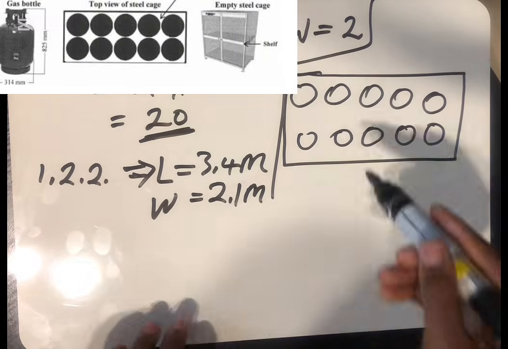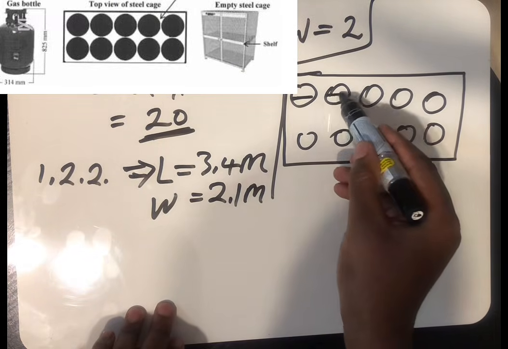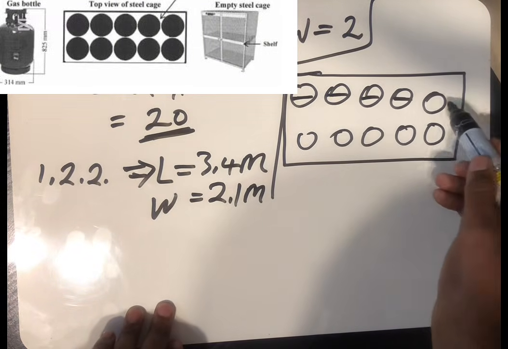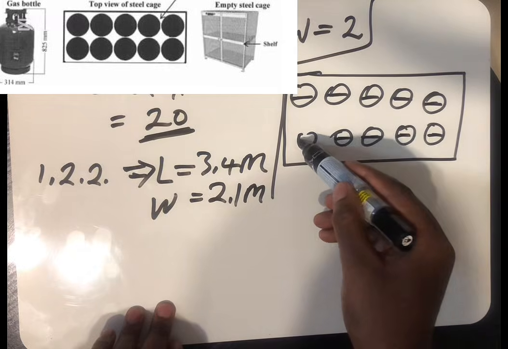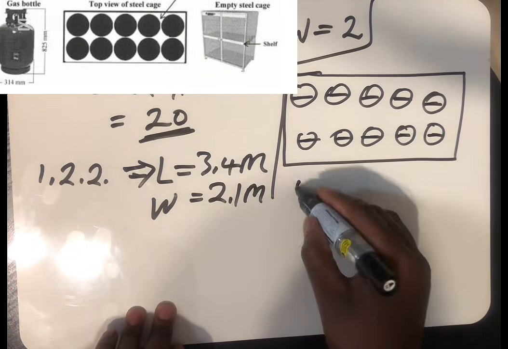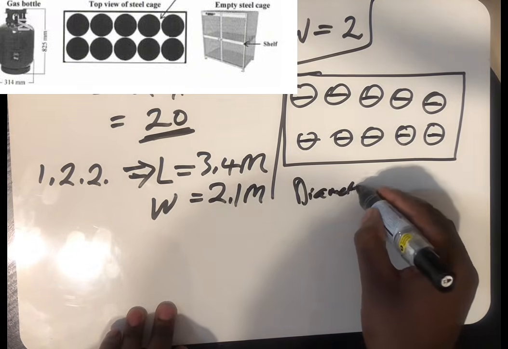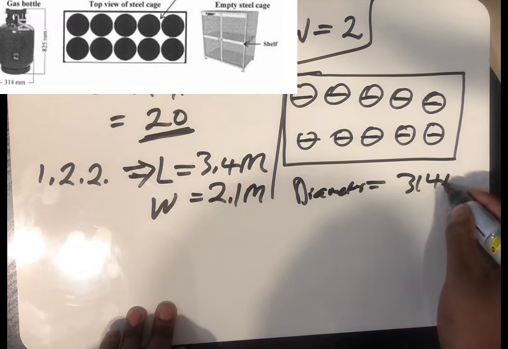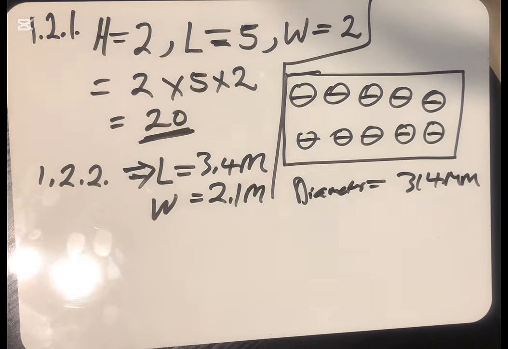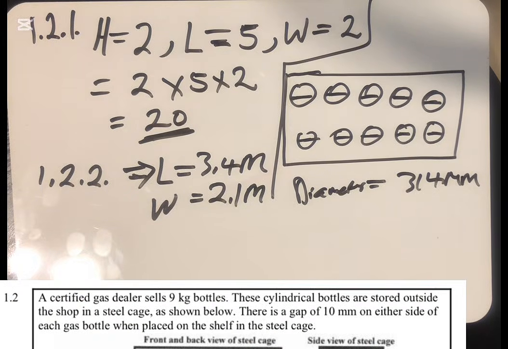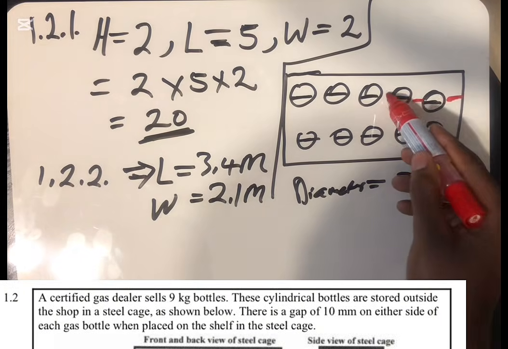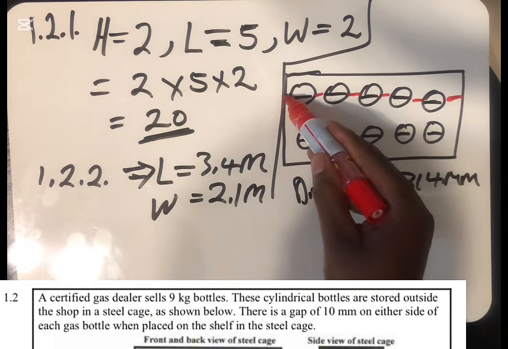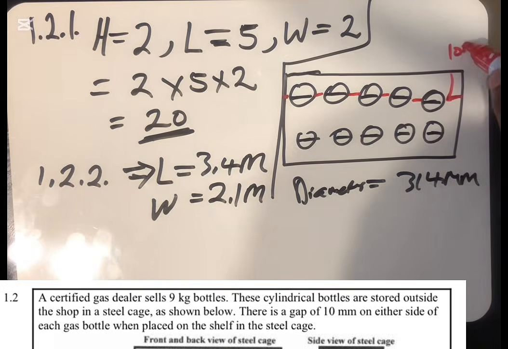And we know the distance from here to here is given, and this distance is the same. This distance is our diameter. It's given as 314 millimeters. We should not forget that. And again, they've given us the gaps that you see between here. Each gap is equal to 10 millimeters.